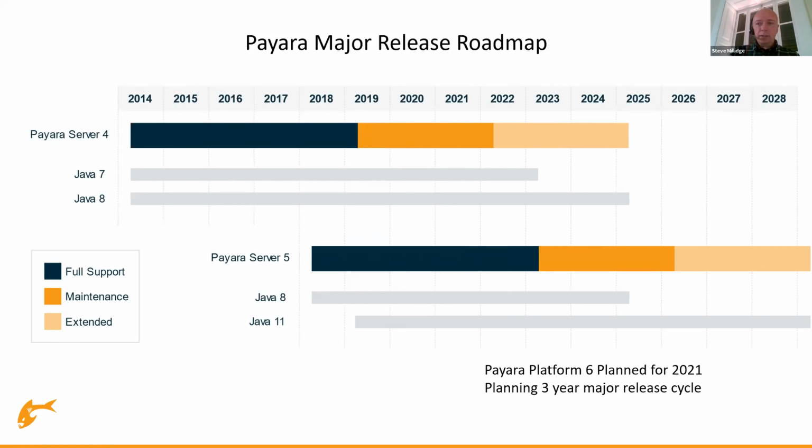So what we're going to do is every 3 years, we're going to do a major revision of Payara Server or Payara Micro. So basically the whole platform will be changed every 3 years. And that gives us opportunities to rethink the architecture of the platform and modernize it. And I've got a slide about things that we're thinking about for Platform 6 in 2021.